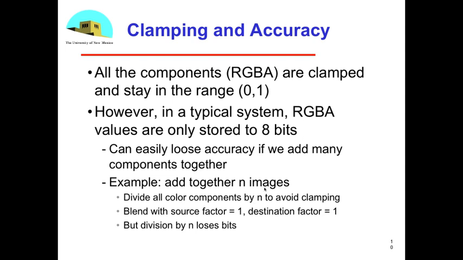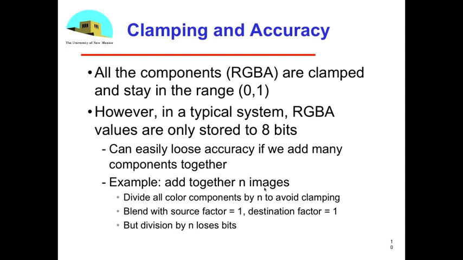And the most obvious one would be to do something like this. Suppose I want to blend together n images, and each of those will have the same weight. And so I want to put them into the frame buffer where the red, green, and blue components might be scaled by 1 over n for each one. Now that would prevent any RGBA value from being bigger than 1, and certainly they're not going to be less than 0 if I add them together.